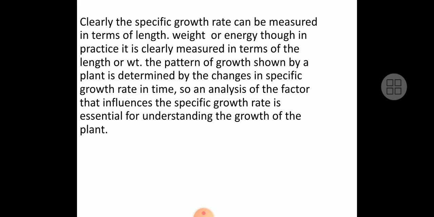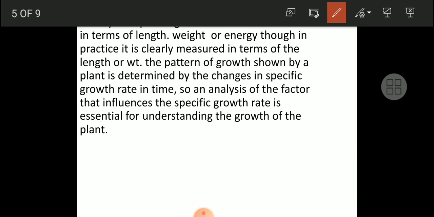Here the specific growth rate can be measured in terms of length, weight or energy, though in practice it is measured in terms of length or weight. The pattern of growth shown by a plant is determined by the changes in specific growth rate with time. So an analysis of the factors that influence the specific growth rate is essential for understanding growth of a plant.